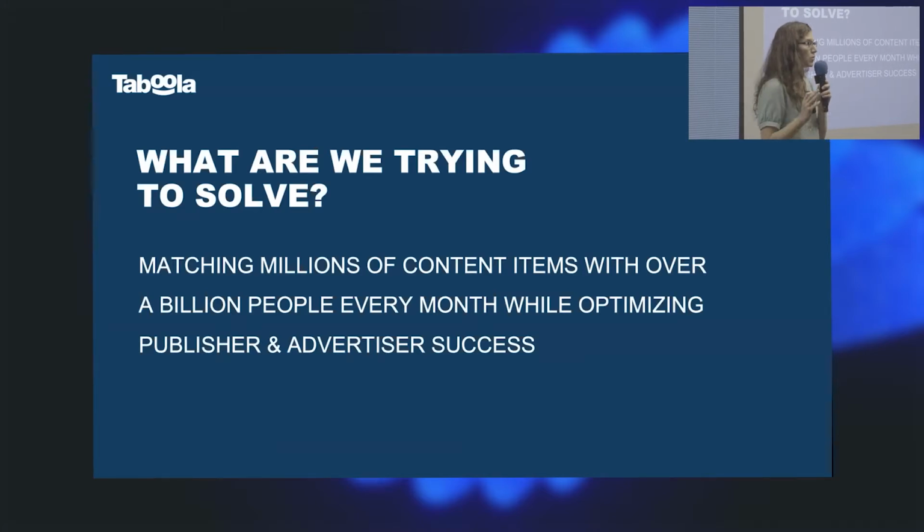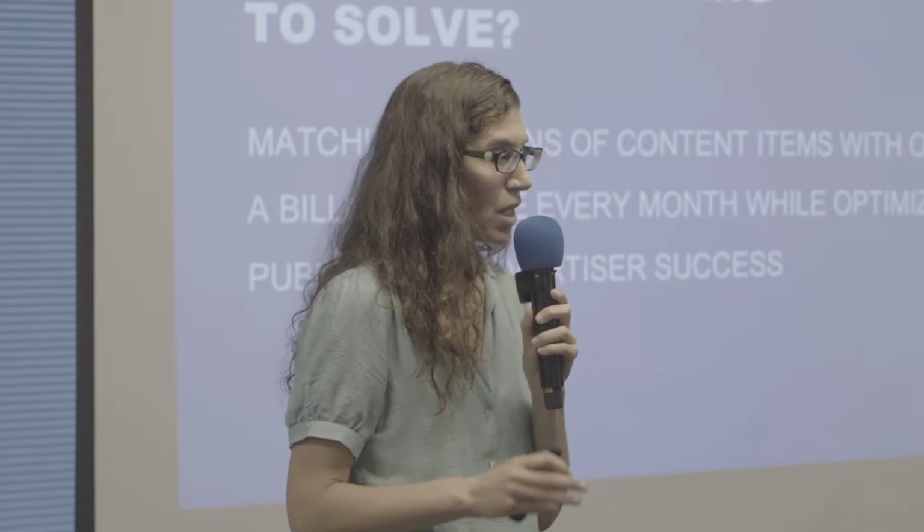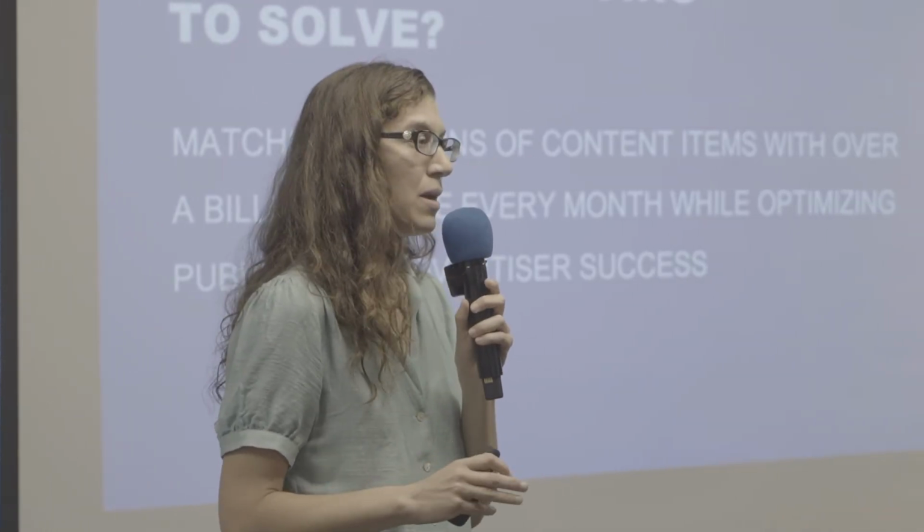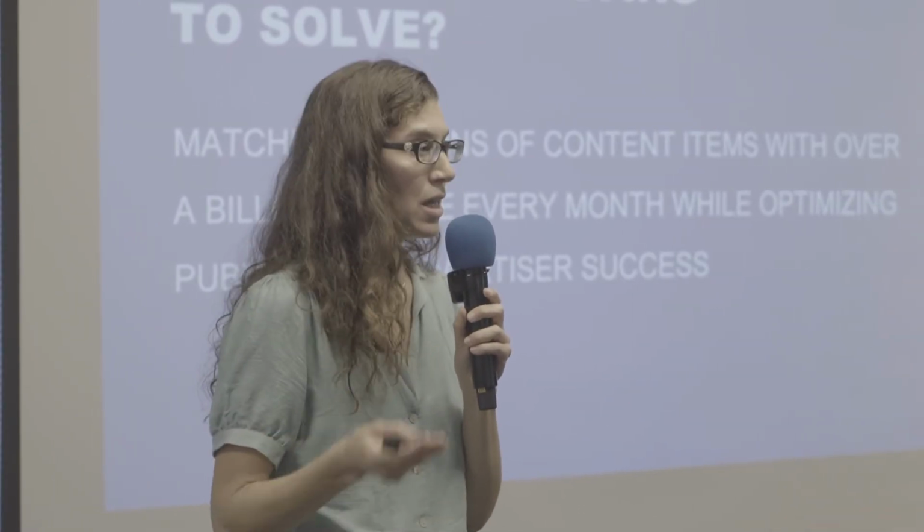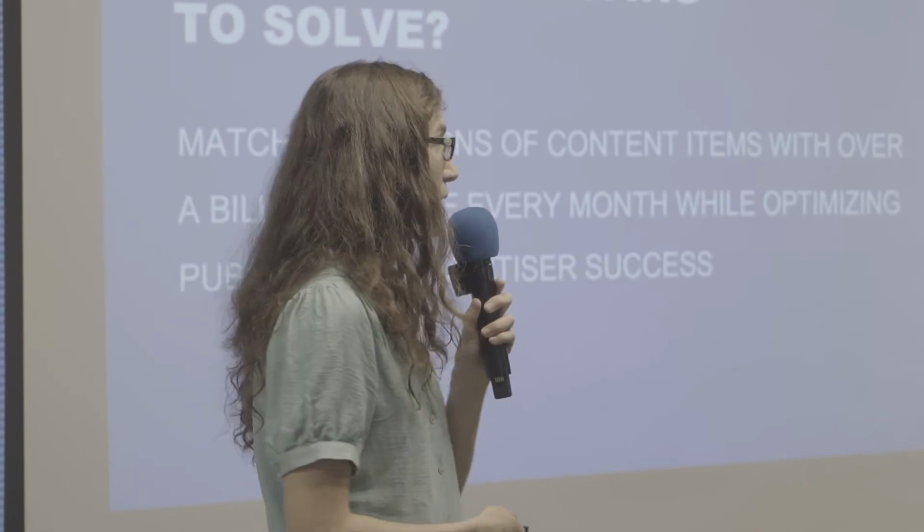We want to give every user, in every specific context, the item that will be most interesting for him. And we want to do it by making both publishers and advertisers happy.